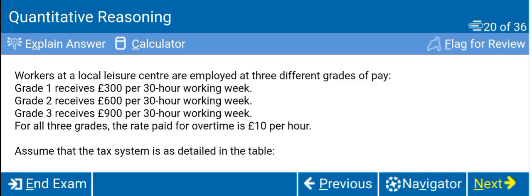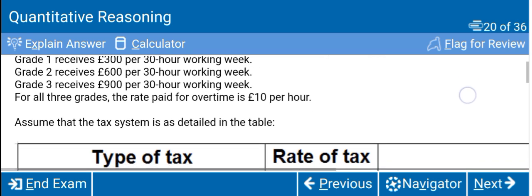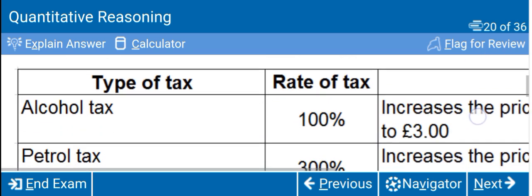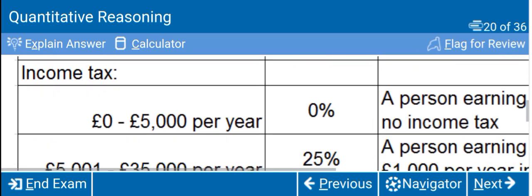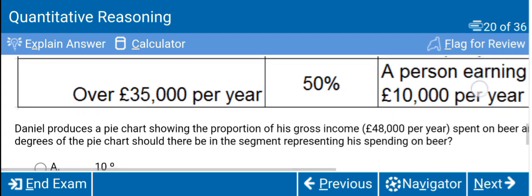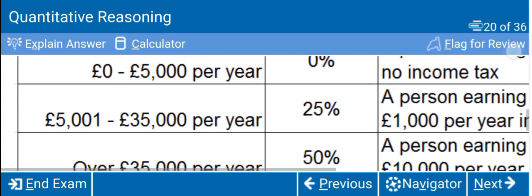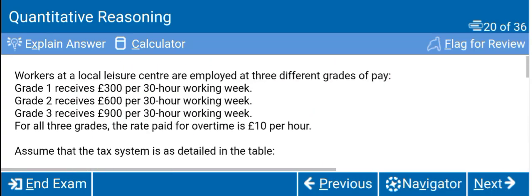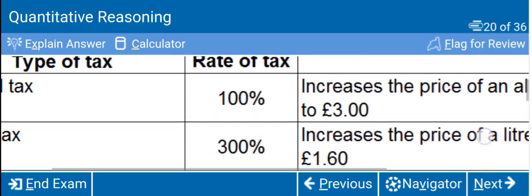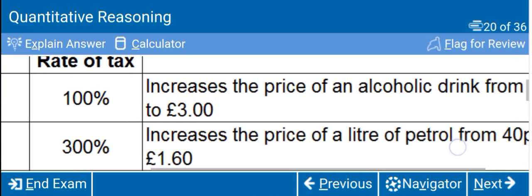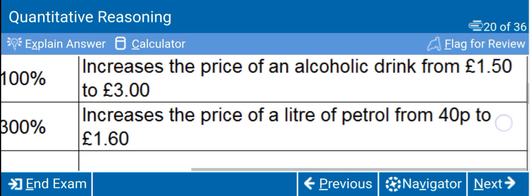Question number 20. With the same information given, you can read again and take a look at once. And with this table, type of taxes, here you can see how many types of taxes we have. Then rate of taxes, then we have this information, as you can see here.